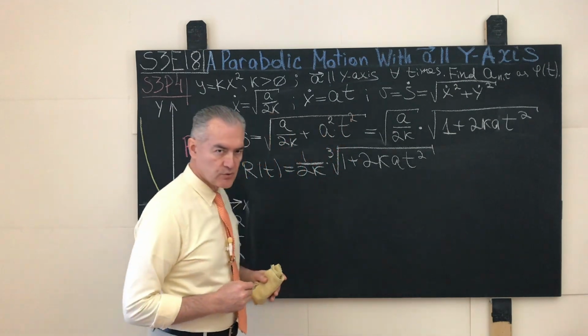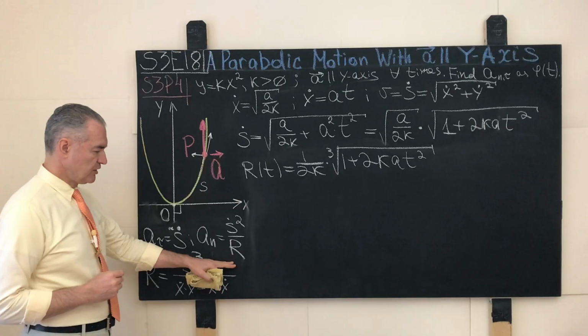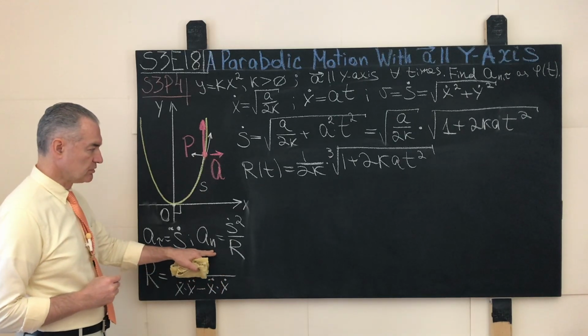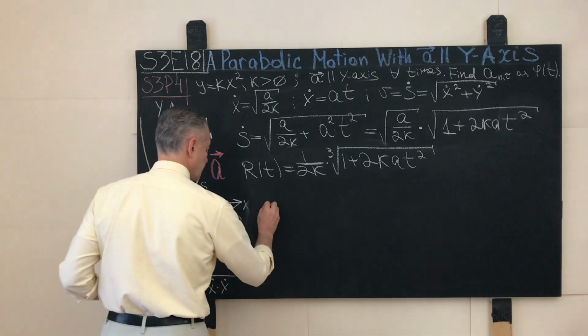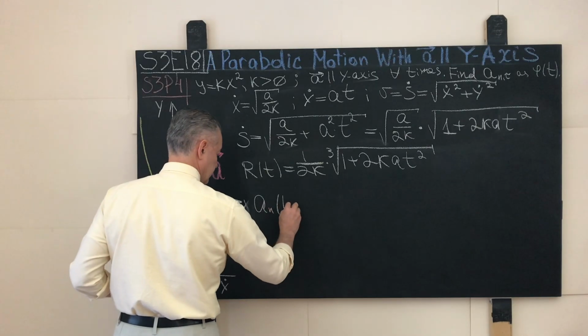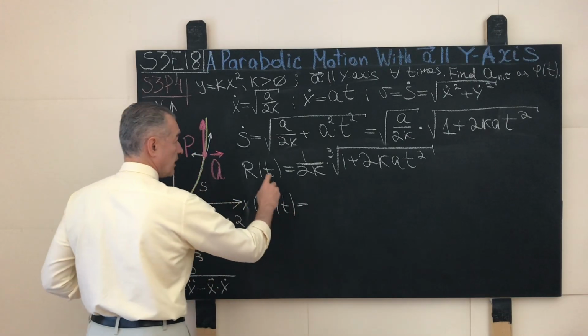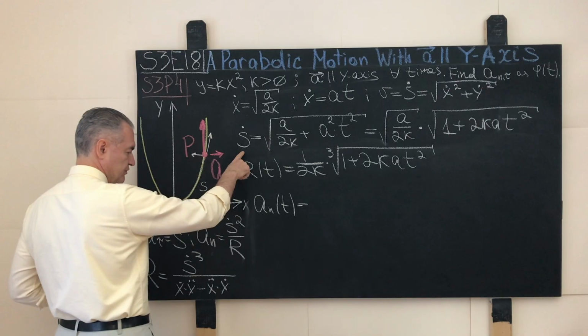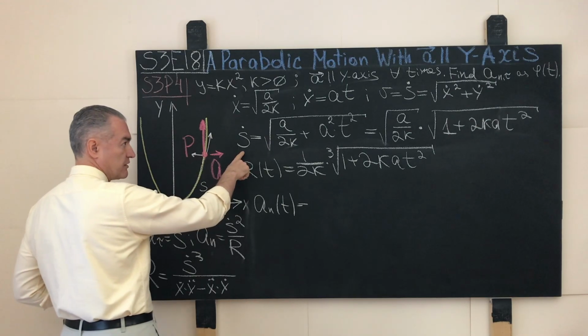Namely, according to the formula that we wrote down over here earlier for the normal acceleration of our moving point, an as a function of time, we have the square of the first derivative of the arc length traveled.